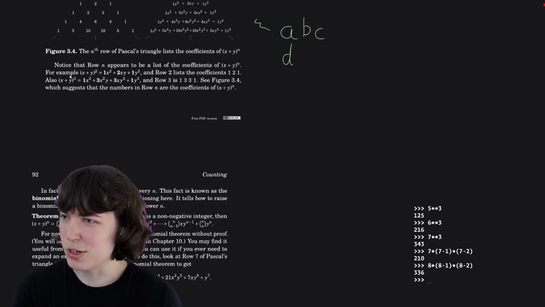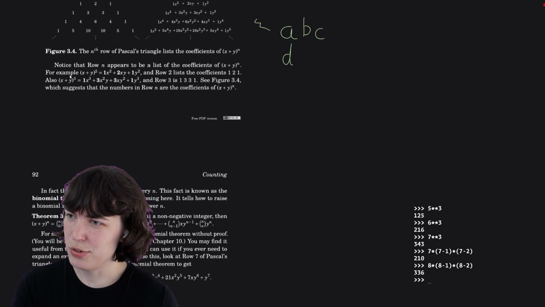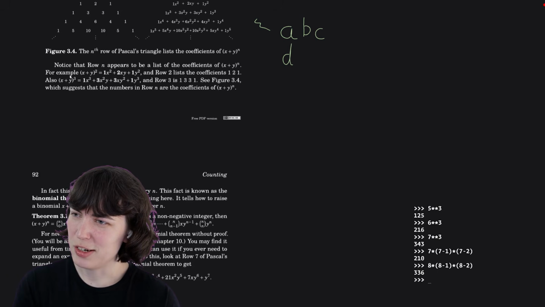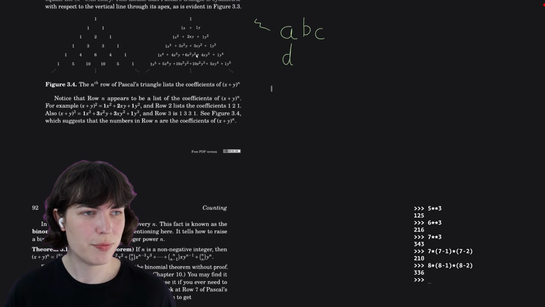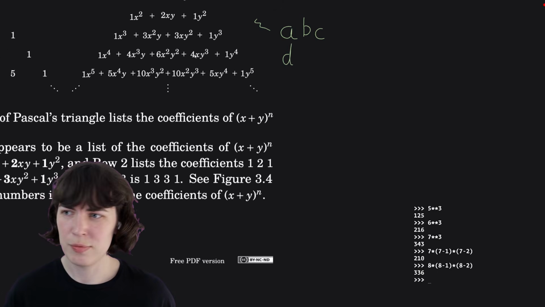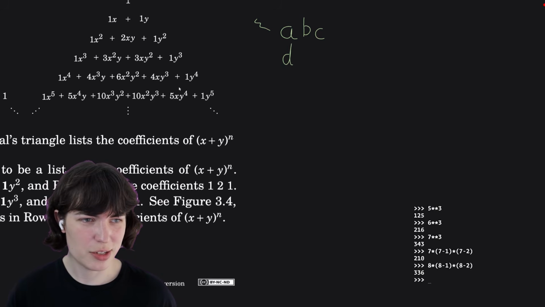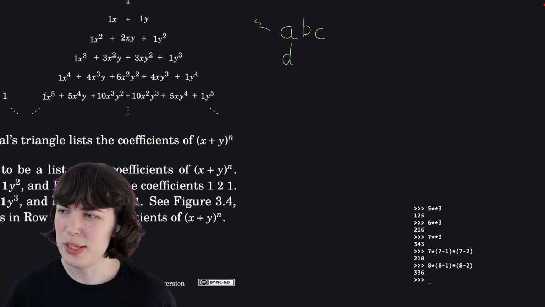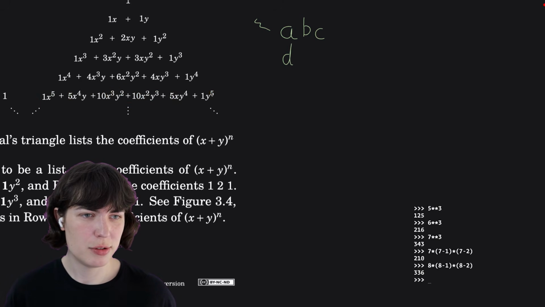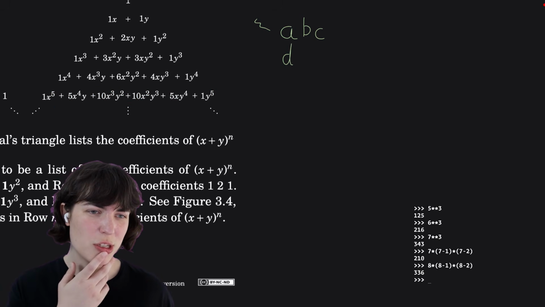For example, x plus y squared equals 1x squared plus 2xy plus y squared. Right, okay. Let's just zoom in on this so we can understand it a bit better. So this is one formula, not a bunch of formulas. Okay, that makes more sense.